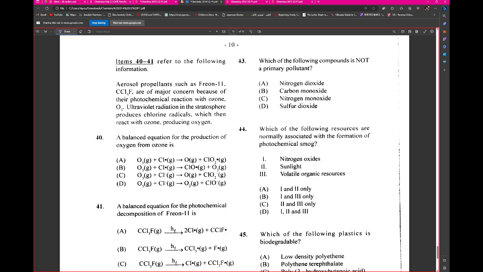A balanced equation for the production of oxygen from ozone is... B? What is the answer?